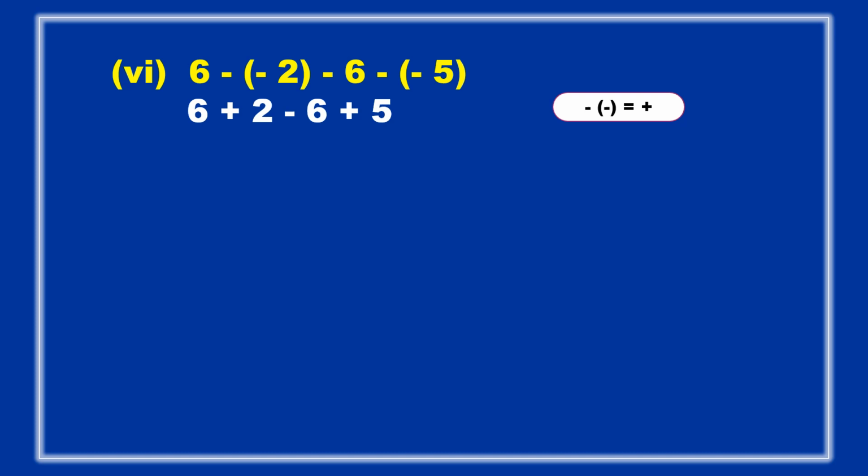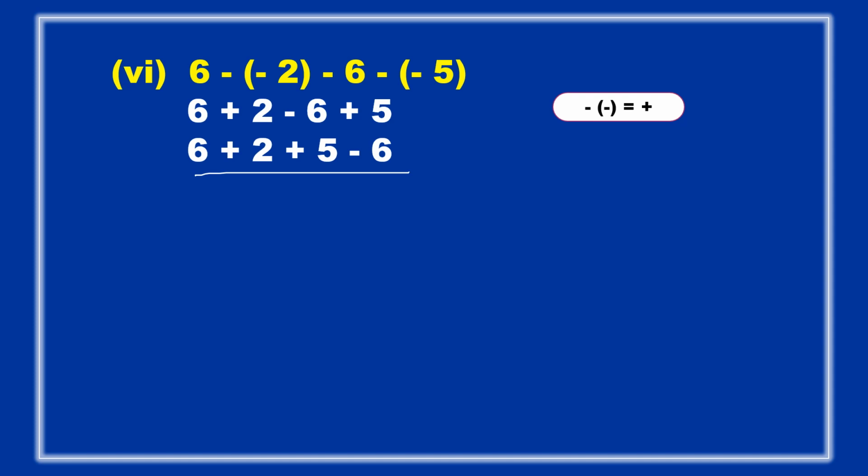This 6 is having a plus symbol, 2 is having a plus symbol, and 5 is having a plus symbol. These 3 are friends, so let them sit together: 6 plus 2 plus 5. Minus 6 is different, so I place it at the last.